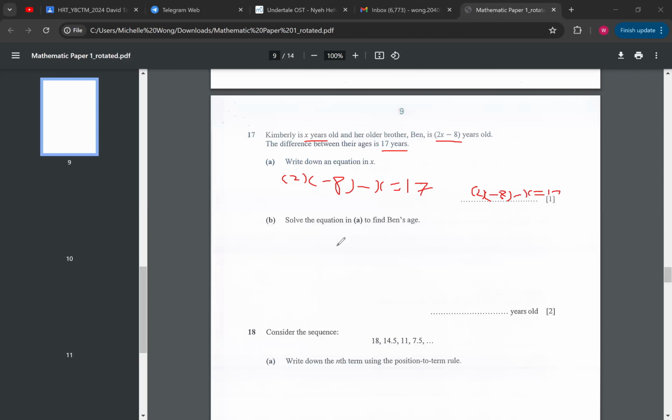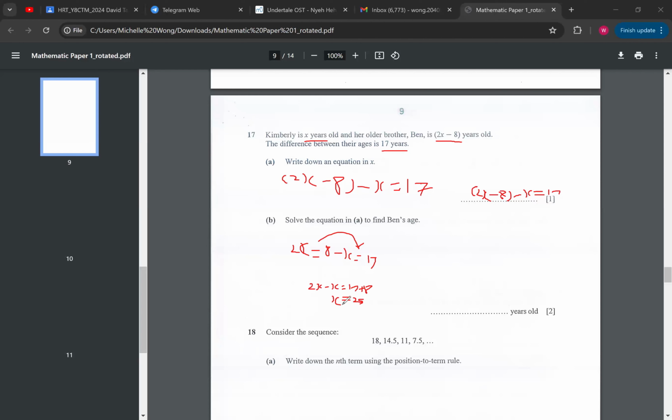Solve the equation in A to find Ben's age. So for that, 2x minus 8 minus x equals 17. Because it's negative, we bring over, it will be x. So it will be 2x minus x equals 17 plus 8, which you will get 25. And 2x minus x, you get x.